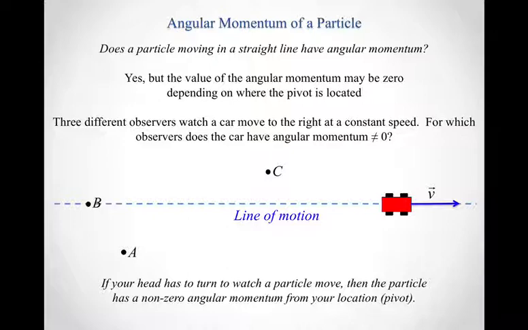You can think of it as your head turning on your neck is indicating that from your perspective, where you sit at that pivot, you see angular momentum for that particle. So observers at points A and C will see this car as having a non-zero angular momentum.